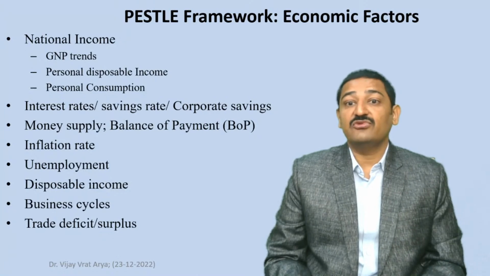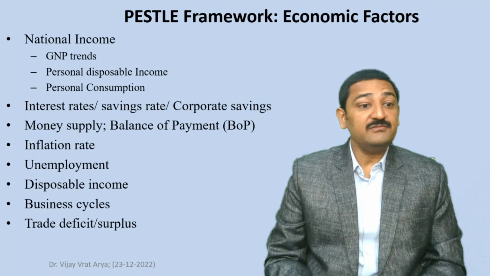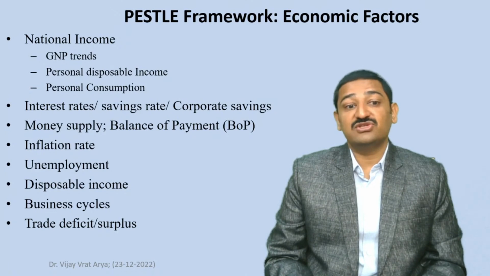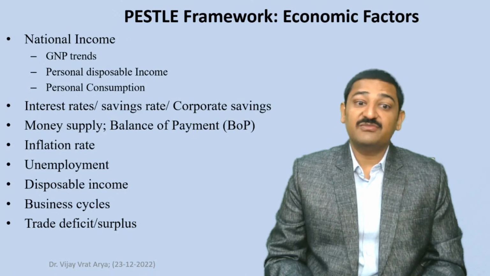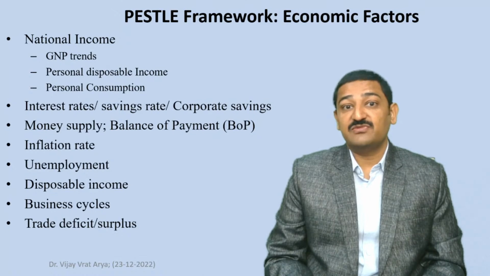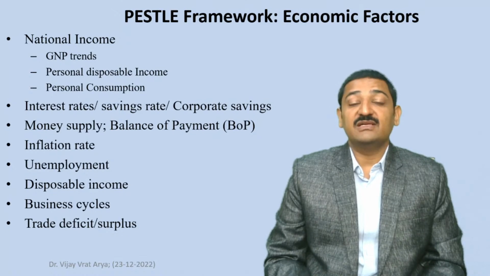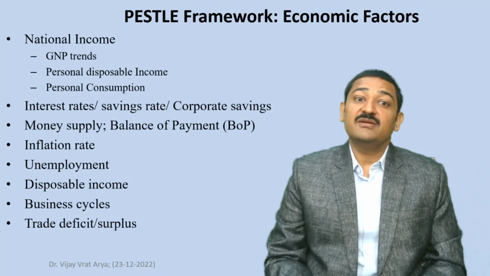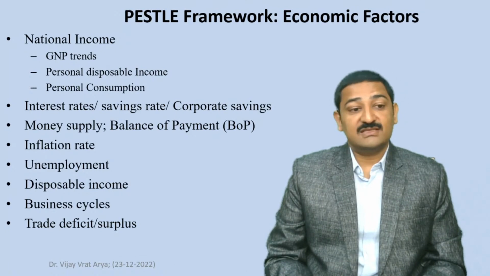So these are some of the basic factors. Apart from that, the interest rate position, the saving rate position, and the corporate savings position also help in defining a specific strategy from the perspective of the PESTLE framework analysis.